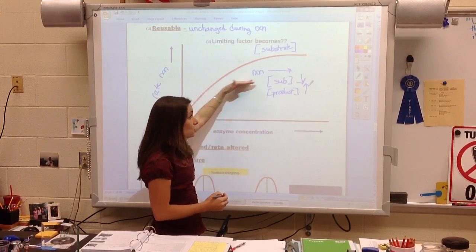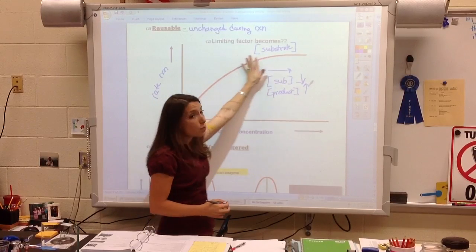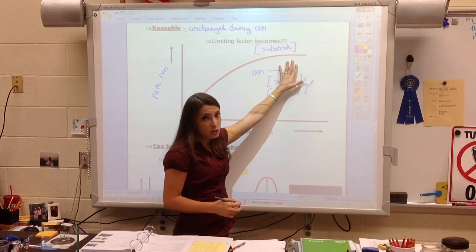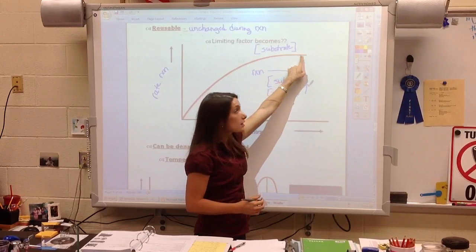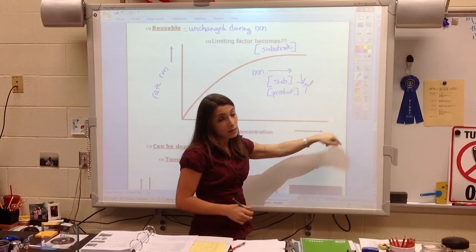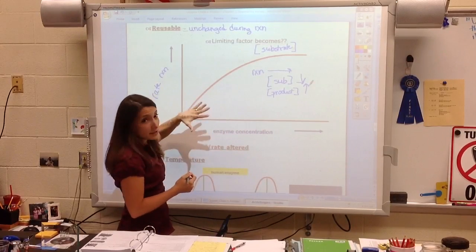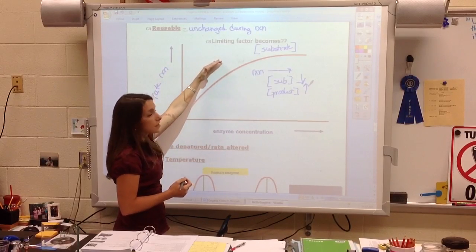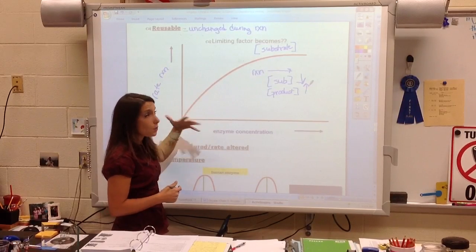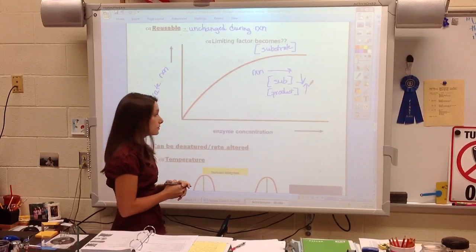But once all of my substrate is being used, the reaction won't happen any faster. In fact, once all of the substrate is consumed, the reaction rate would drop again because the reaction isn't occurring. What isn't limiting is the enzyme. Once I have enough enzyme concentration, they're all working because they can continue to perform the same function.